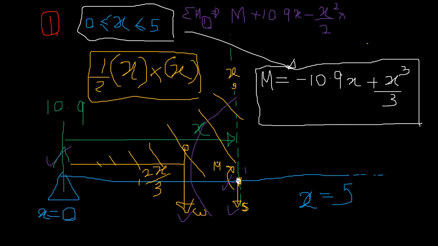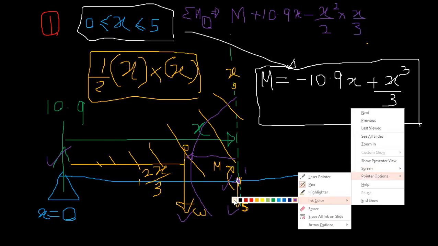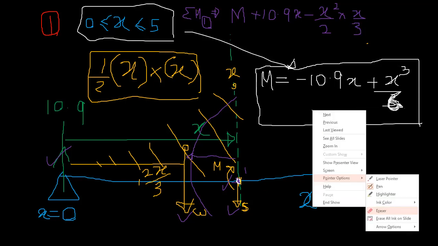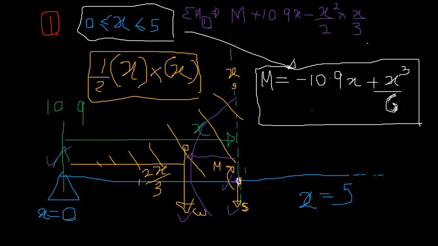And the distance is x over 3, right? So we are taking moments about this point. So that's going to be x over 6, right?